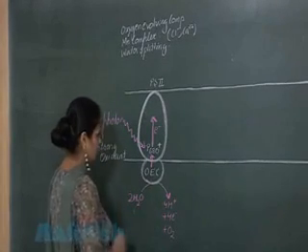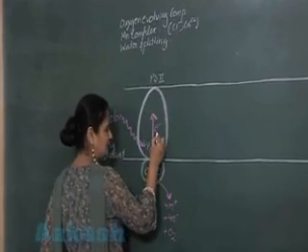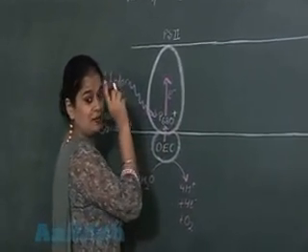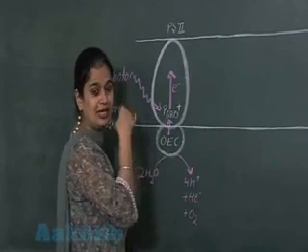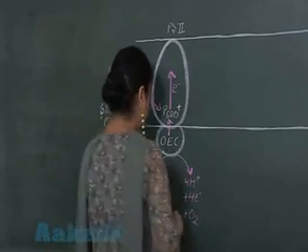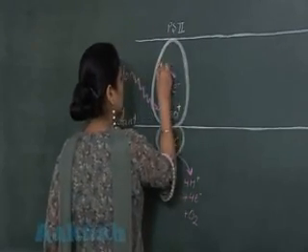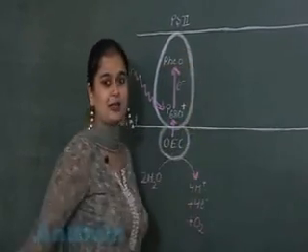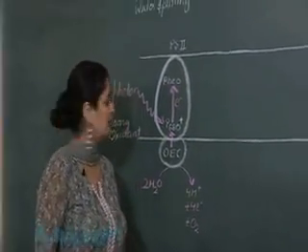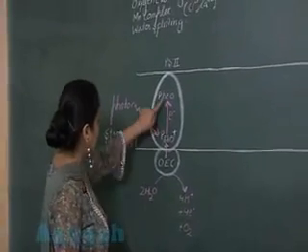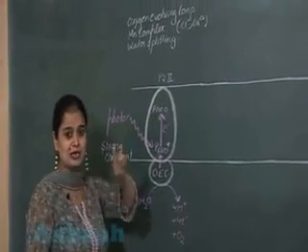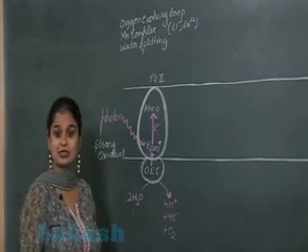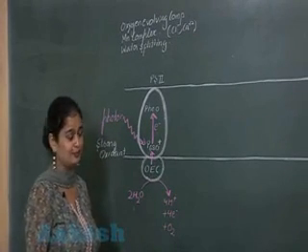Now the electron which is extruded from P680 enters the electron transport system. It is transferred to the primary electron acceptor of photosystem 2, that is pheophytin. I discussed in the last lecture that pheophytin is colorless chlorophyll.